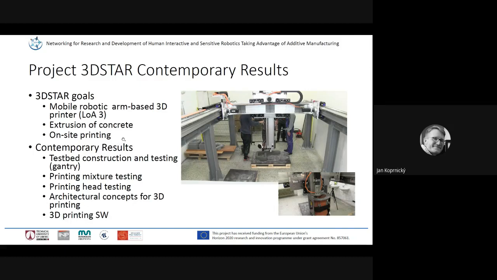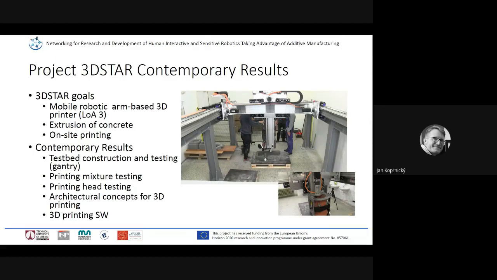What we've done until now, the groups from the project, we designed, assembled and ran a testbed. It's a Gantry style or Cartesian robotic system for testing the mixture of the printing material. What you can see on the right side is this CNC machine.